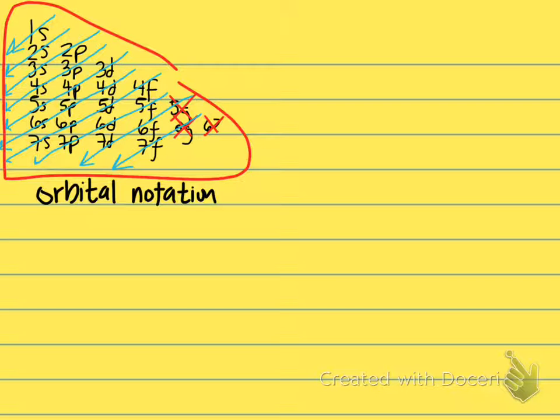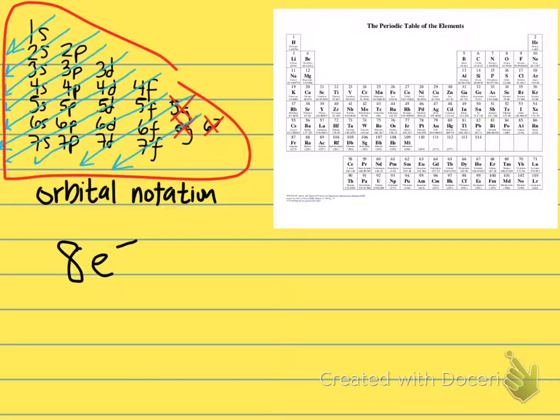All right, so orbital notation, let's practice with an atom that has 8 electrons. So grab your periodic tables, get those out. Okay, you've got your periodic table. So what element are we talking about if we're talking about something with 8 electrons in a neutral atom? We're talking about oxygen. There she blows, right there.